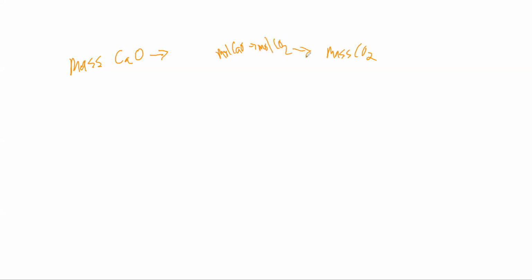But before that, how do we get from the mass to the moles? The molar mass of calcium oxide. So we're going to use our molar mass, and then we'll use the mole-to-mole ratio here. So these are our coefficients. And then this should be our molar mass to get it back out into kilograms of CO2. Well, I guess we have to change it from grams to kilograms.